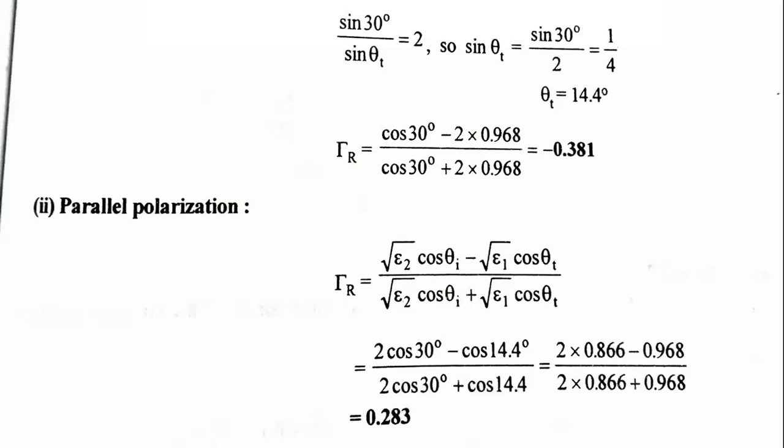You can substitute here the unknown parameter theta t, and you get 14.4 degree. And if you substitute the value here at the end, you get minus 0.381.